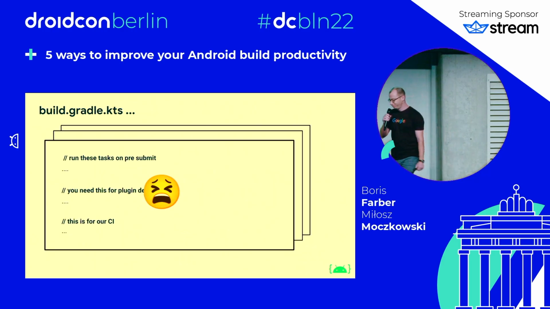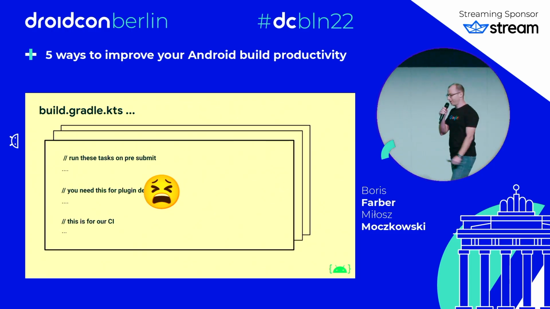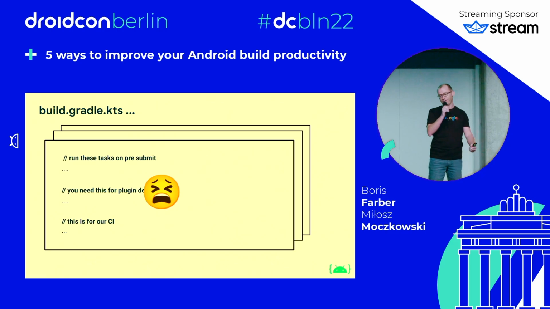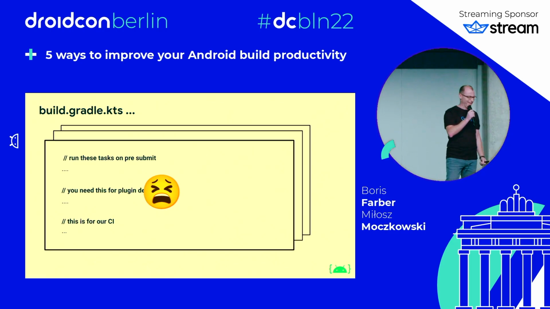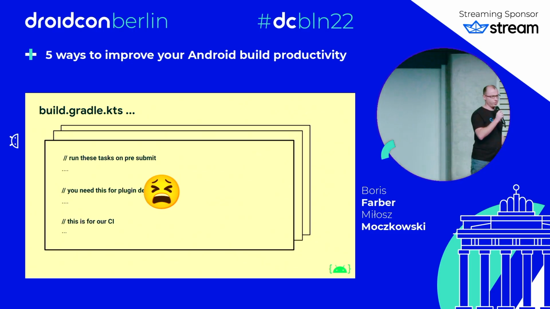Yeah, we are here. We updated our tools and dependencies. We're using version catalogs and configuration cache. We configured our build config. We modularized our code base into modules, but still something feels wrong.